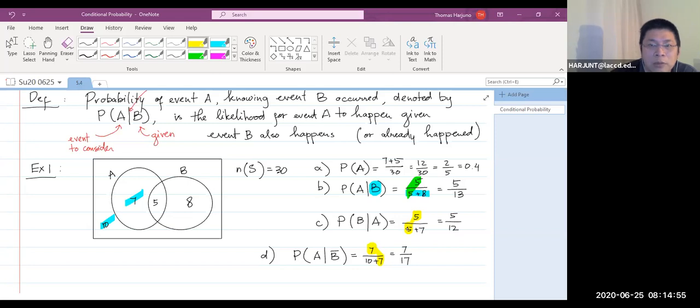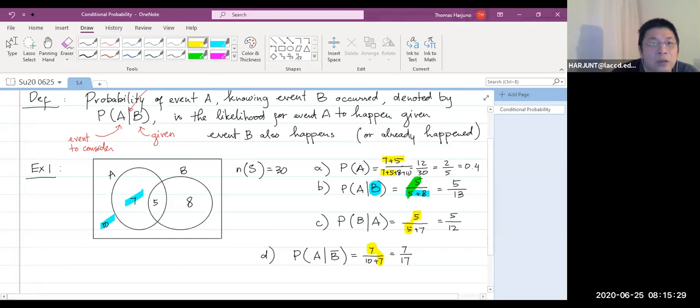For example, in part A, this 30 comes from 7 plus 5 plus 8 plus 10, right? And you see this 7 and 5 are actually part of the denominator, right?